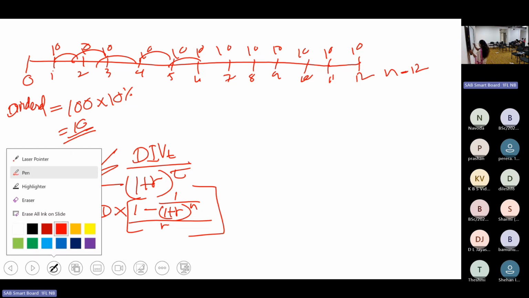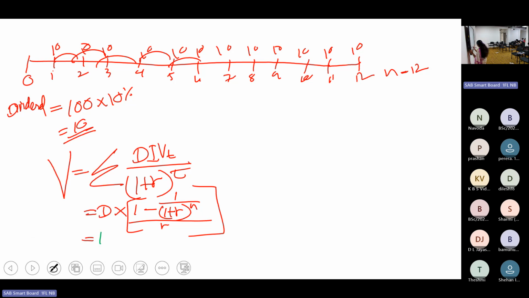Dividend, how much is it? 10. Annuity factor: 1 minus 1 divided by 1 plus R. How much is the R? 0.11. During how many years? 12 years period. 12.